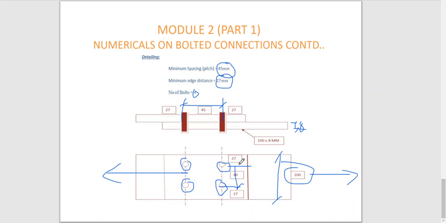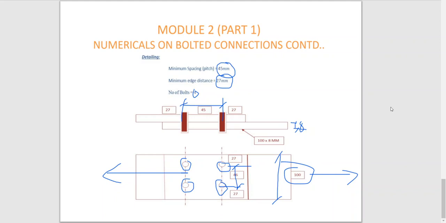This one is generally called the gauge length, and this is the pitch length. In this direction it is called the gauge distance, and here it is the edge distance or end distance. Here also. So this is about problem number 2.